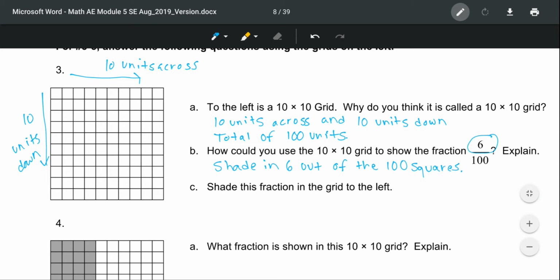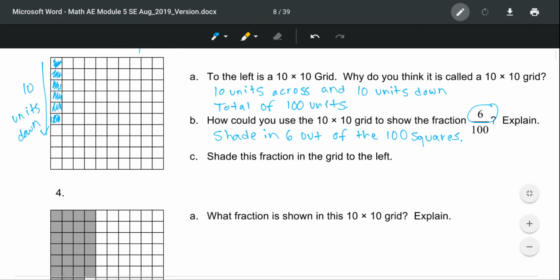Okay, so go ahead and try that. Shade in 6 squares. Okay, so it should look something like what you see in the drawing in number 3.